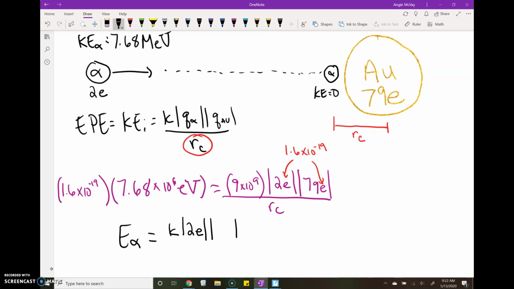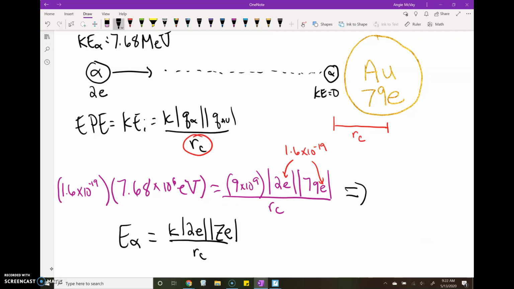To get the charge of the nucleus of any other atom, we take the elementary charge and multiply it by the number of protons, remember, abbreviated as Z, over the critical radius.